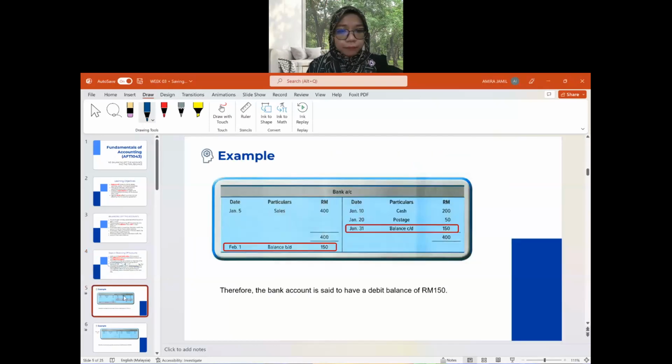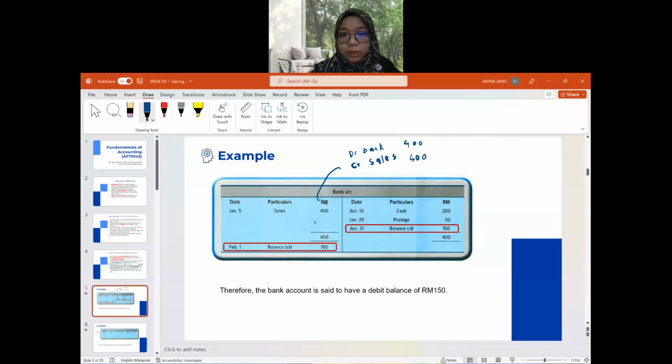This is the example. We have sales debited in the bank account. When we made a sale, the journal entry will be debit bank, and then credit sales account for 400.